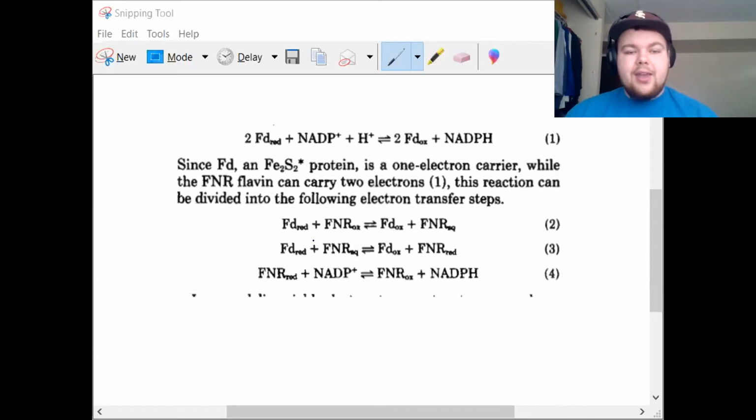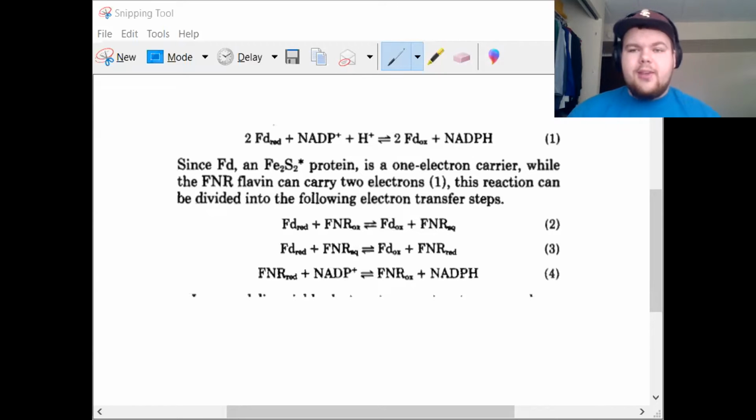From there, it goes back in for a second round and steals a second set of electrons, and turns into ferredoxin NADP plus reductase, which has been reduced. From there, the FNR, which has been reduced, reacts with NADP plus to turn into FNR oxidized and NADPH.